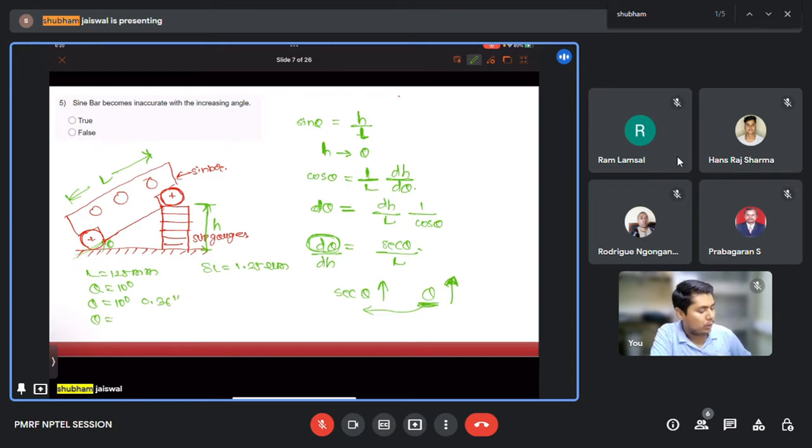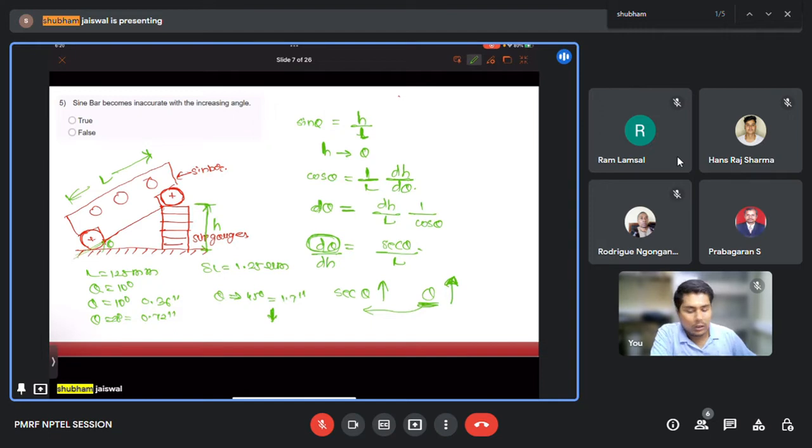Similarly, if you increase the theta, it comes out to be 0.72 second for 20 degree. Similarly, for 45 degree, it comes out to be 1.7 seconds. So if you keep on increasing the angle beyond 45 degree, the error gets multiplied, or it gets increased.